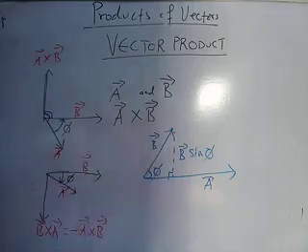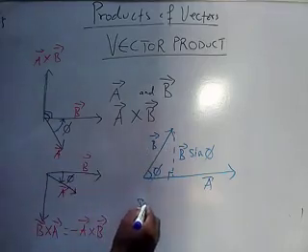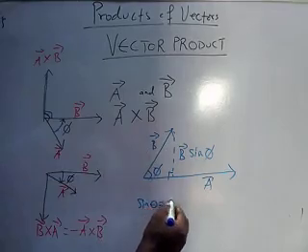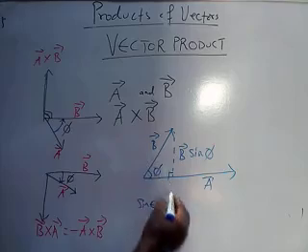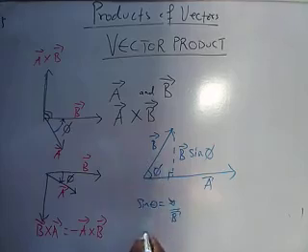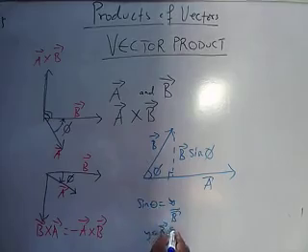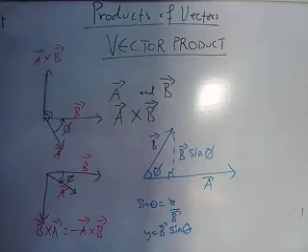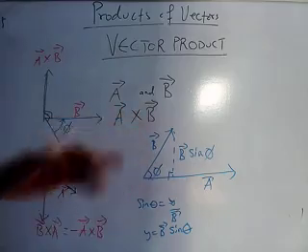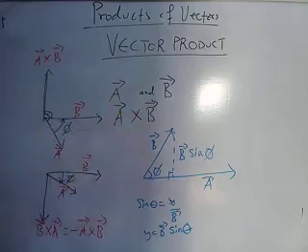Hypotenuse. Sine theta is opposite over hypotenuse, let me say y. Hypotenuse is vector B. So y is equal to what? Vector B sine theta. That is how that goes.